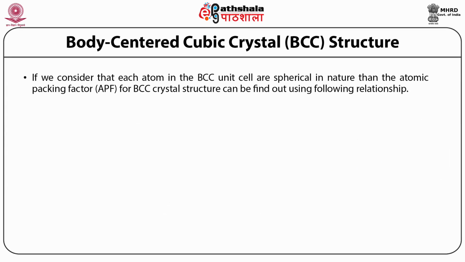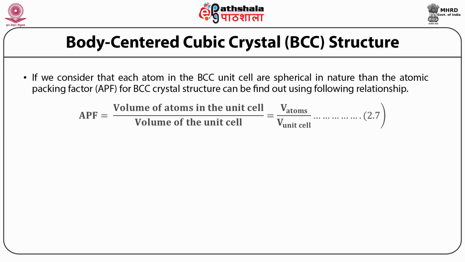If we consider that each atom in the BCC unit cell is spherical in nature, then the atomic packing factor, APF, for BCC crystal structure can be found out using the following relationship. APF is equal to the volume of atoms in the unit cell, that is V atoms, divided by the volume of the whole unit cell, that is V unit cell.